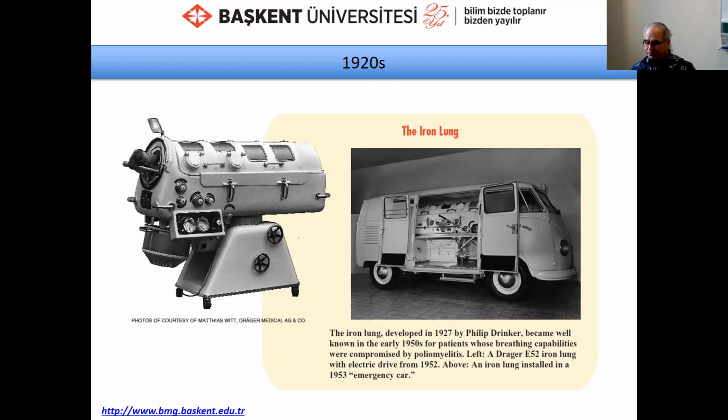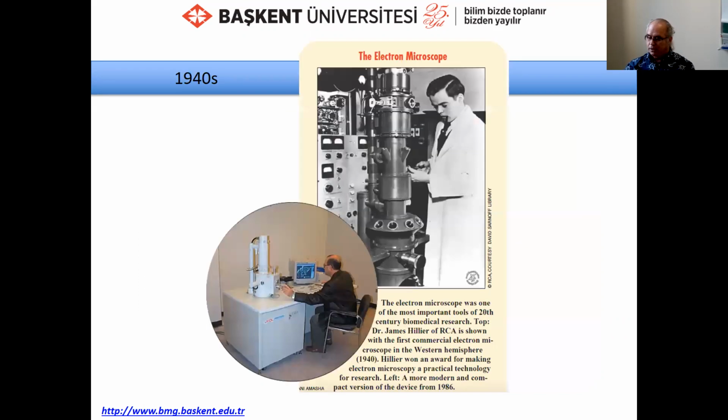Here you can see that very big device with the electric drive, and this iron lung installed in an emergency car. Wherever you need those devices to help the patients, you can bring it easily, and you can help them to recover.